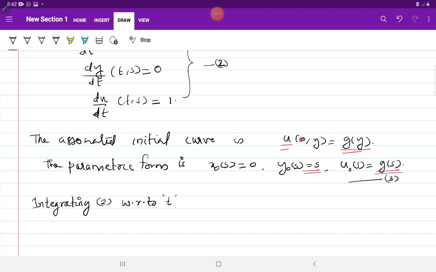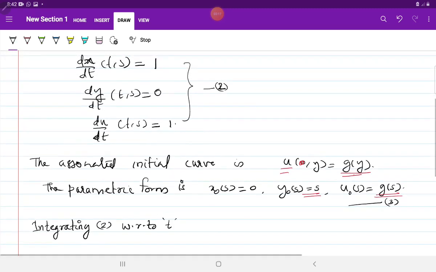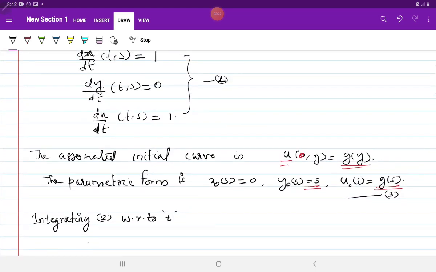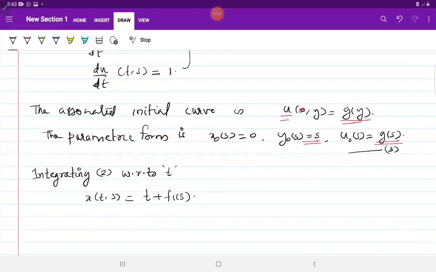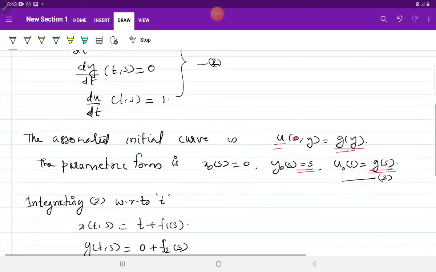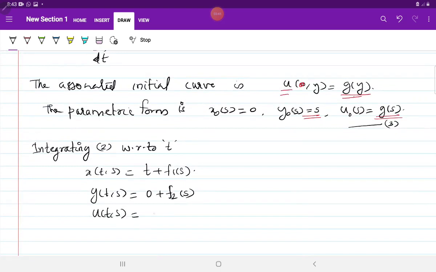Now integrating the system of characteristic equations with respect to t, we have x(t, s) equal to t plus some function of s, let it be f1(s). y(t, s) equal to, integrating 0, it is 0 plus f2(s). Then u(t, s): du/dt is again equal to 1, so it will be t plus f3(s).